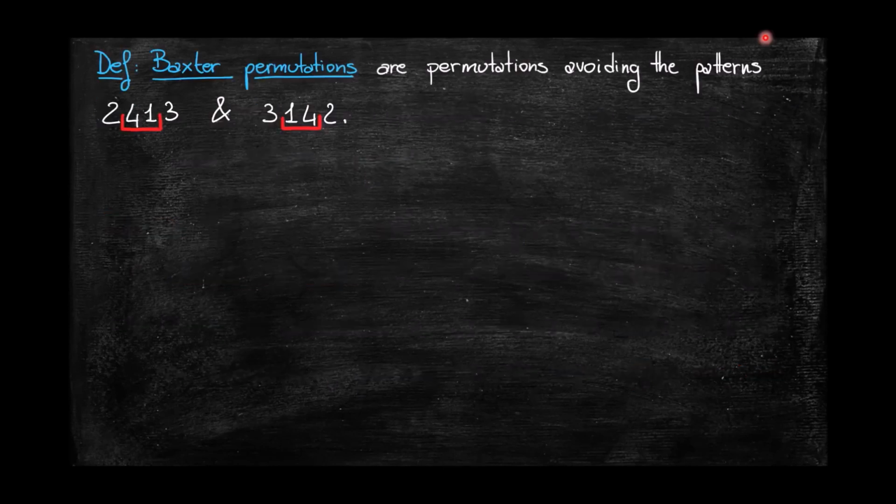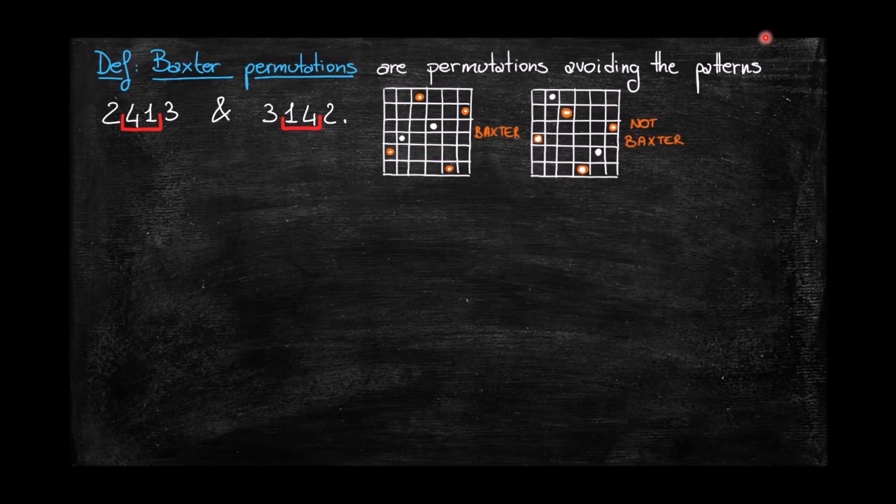Let me explain what are Baxter permutations. These are permutations avoiding the patterns 2, 4, 1, 3, and the pattern 3, 1, 4, 2, with the additional requirement that 4, 1 and 1, 4 have to occur consecutively. Let me explain this definition with an example.